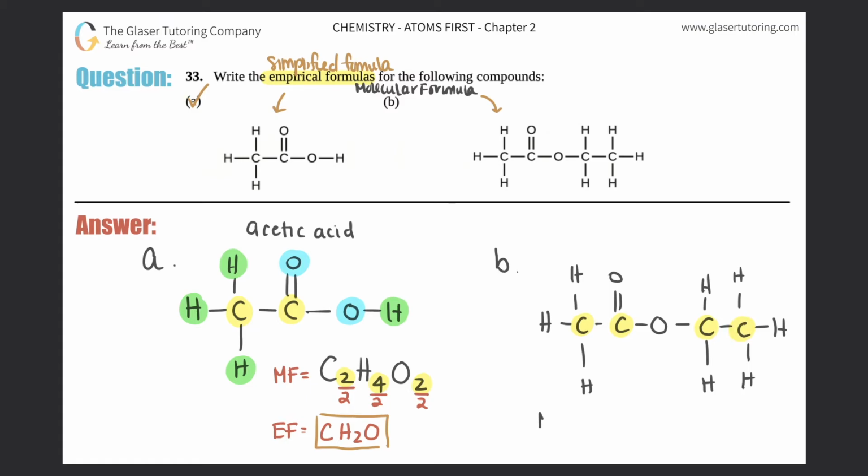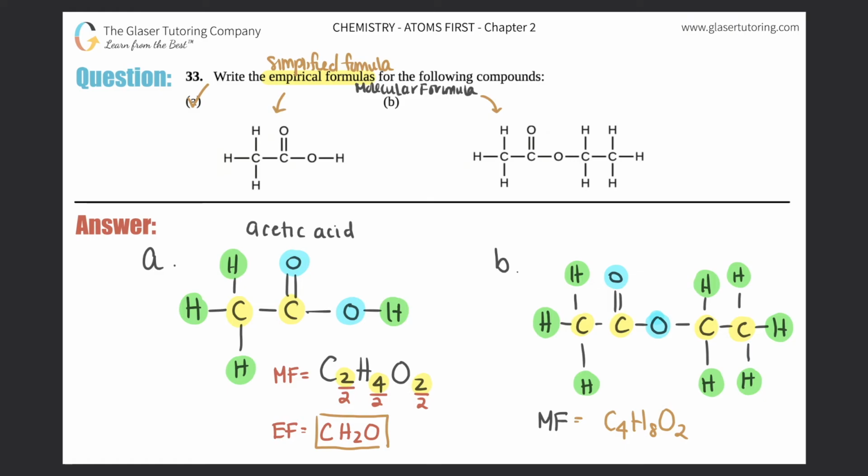So we're starting off with our molecular formula. So I have C4. How many hydrogens? 1, 2, 3, 4, 5, 6, 7, 8. So H8. And then how many oxygens? 1, 2. So O2. That would be your molecular formula.